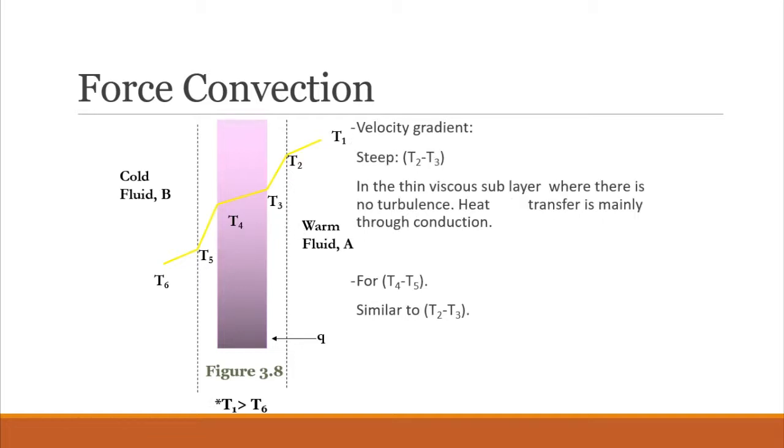Velocity gradient steep from T2 until T3 in the thin viscous sublayer when there is no turbulence. Heat transfer is mainly through conduction. For T4 until T5 similar to T2 until T3.